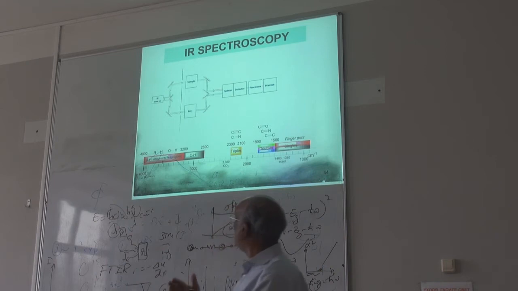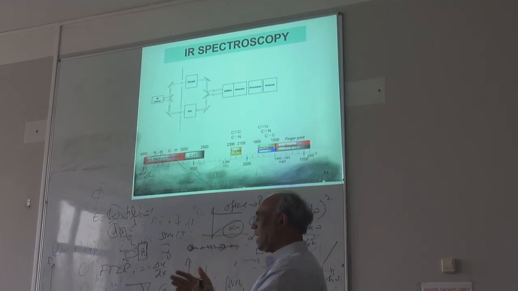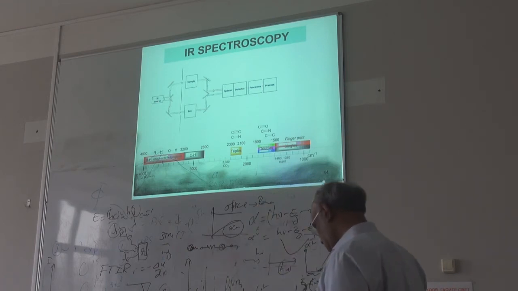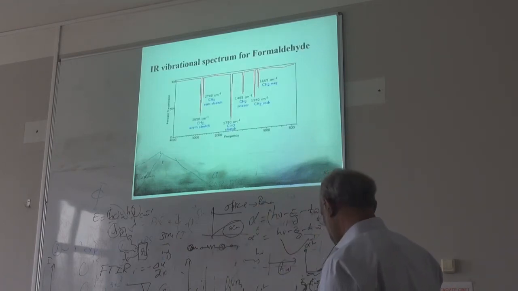Here you have to do it for different lambda and look at the absorption, right? Over there, you just measure the spectra at a given time and Fourier transform into lambda. So this is very easy.